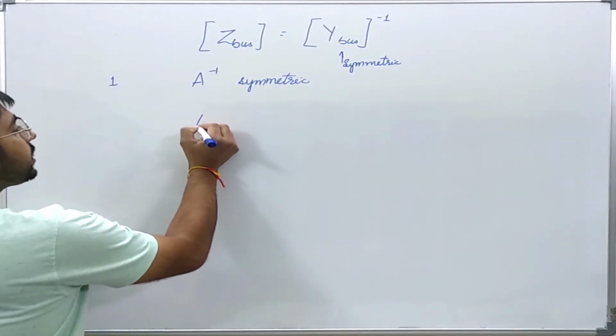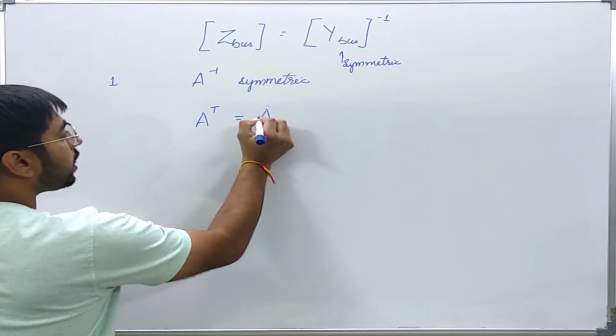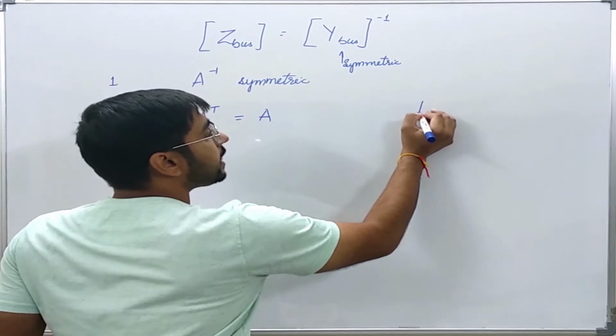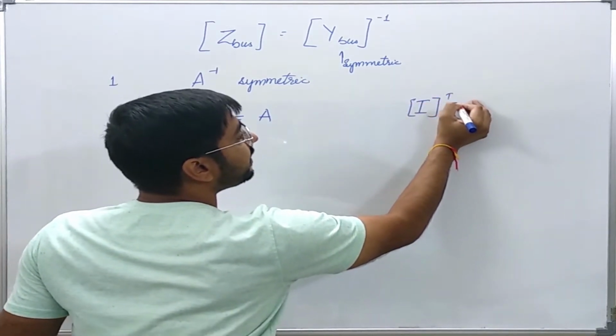For a symmetric matrix, we know that A transpose is equal to A. Now the I matrix, the unity matrix, is also a symmetric matrix.